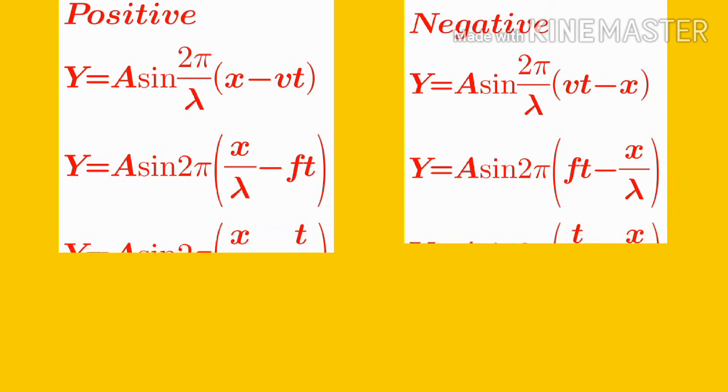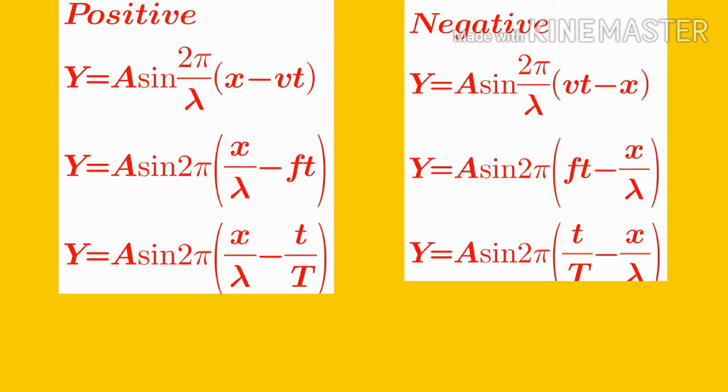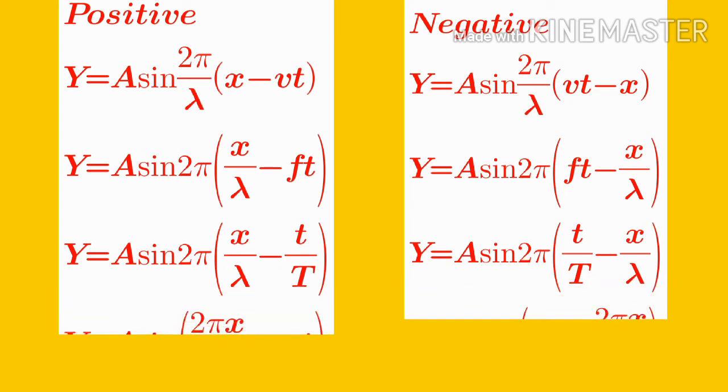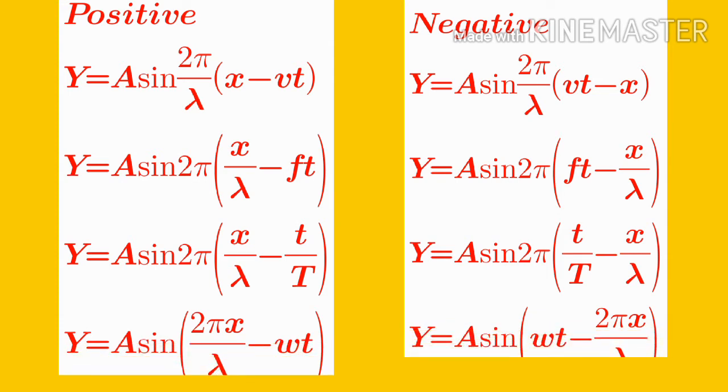And look at your right hand side: y equals a sine 2 pi over lambda, bracket, vt minus x. That's when it moves in the negative direction. You can see that these equations have the same parameters but in a different arrangement.